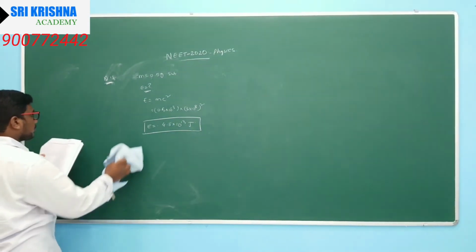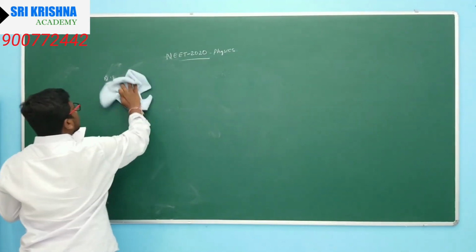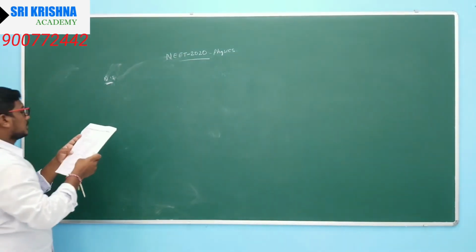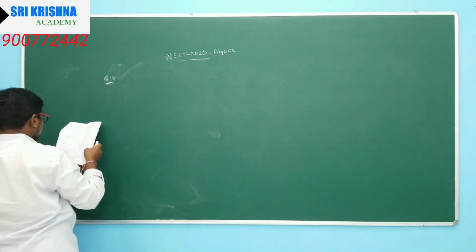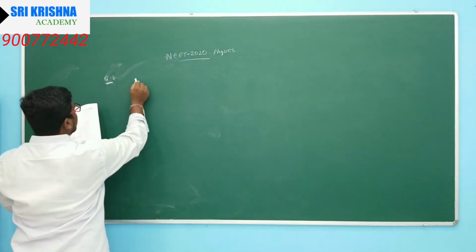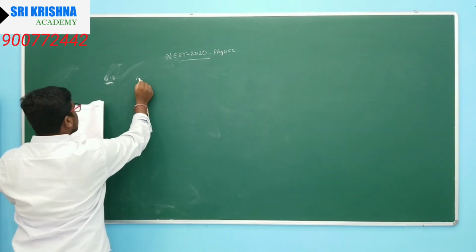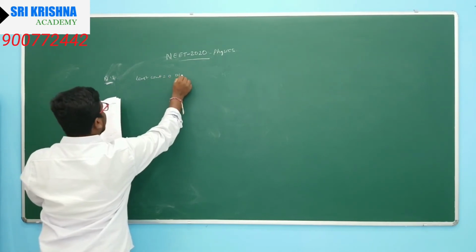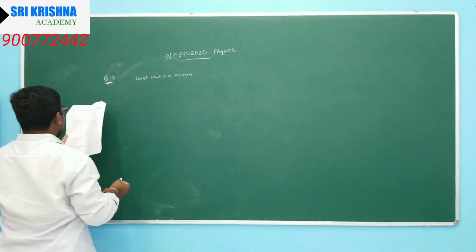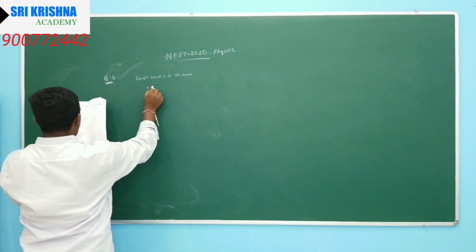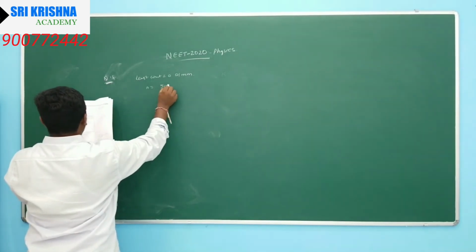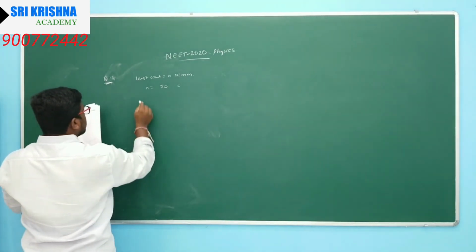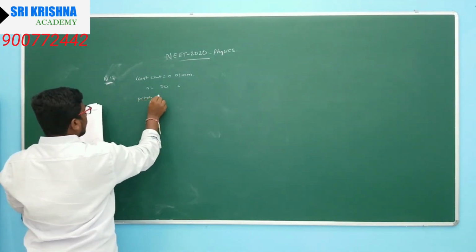Next question. A screw gauge has a least count of 0.01 mm and there are 50 divisions on the circular scale. What is the pitch?